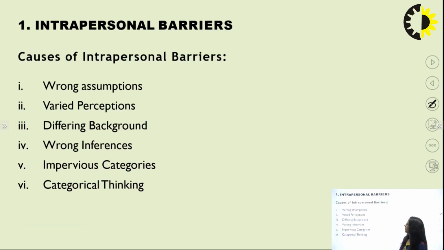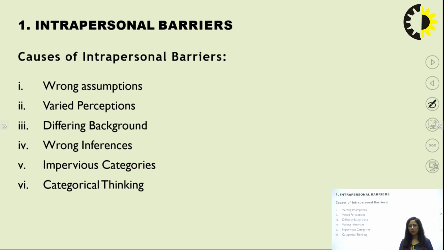Let us study intrapersonal barriers in detail. All individuals are unique because of differences in perceptions, experiences, education, culture, personality, etc. Each of us interprets the same information in different ways as our thinking varies. These differences lead to certain inbuilt or intrapersonal barriers.